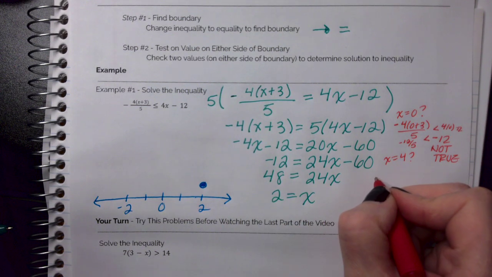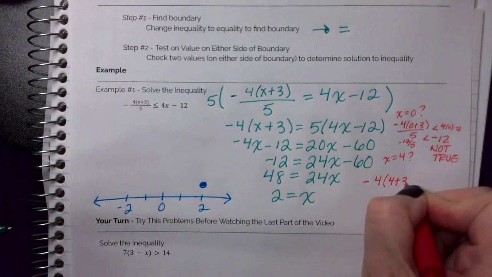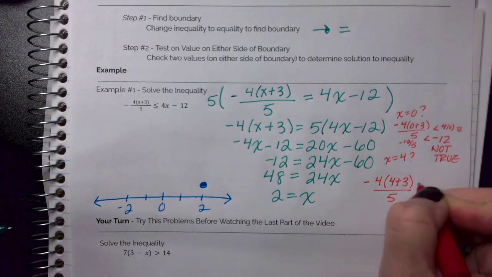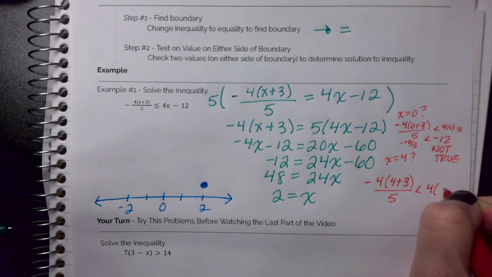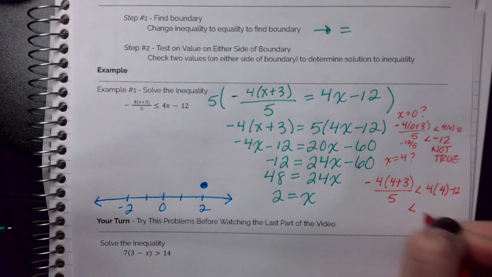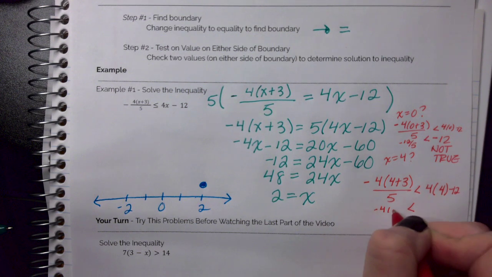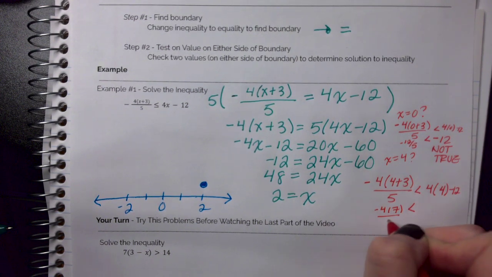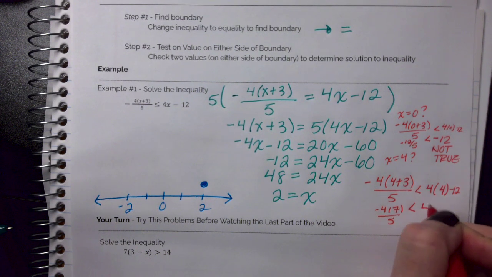So now we have negative 4 times 4 plus 3 divided by 5 is less than 4 times 4 minus 12. So it's going to be negative 4 times 7 over 5, and this is going to be 16 minus 12, which is 4.